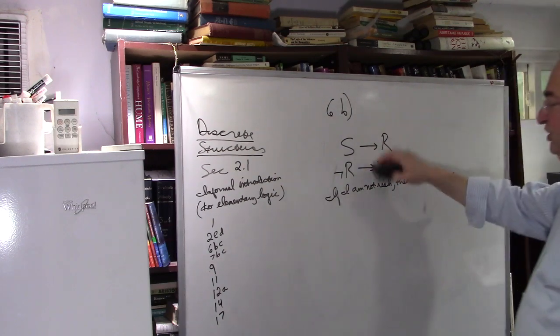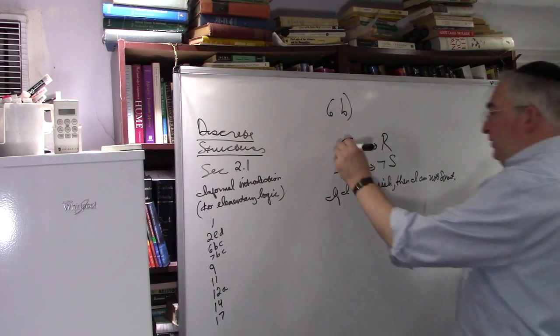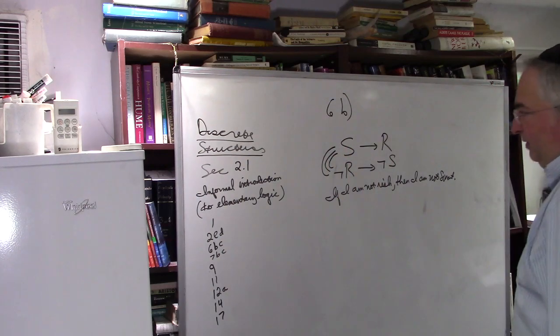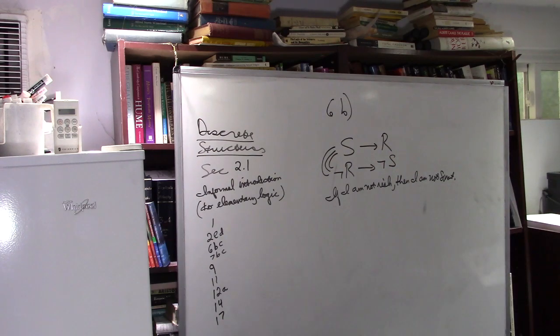By the way, it's just as untrue as that. These two are equal, that means they mean the same thing, but this is not true and this is not true. It's not always true. Okay, next.